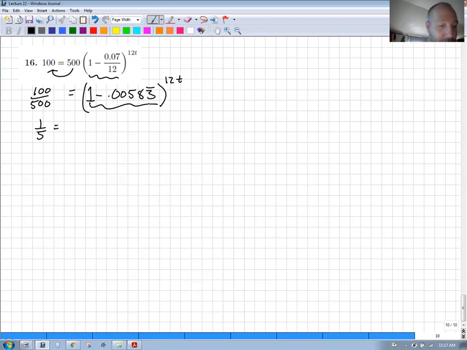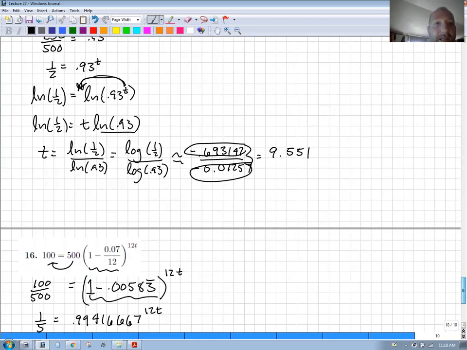And now I'm gonna put these numbers together. 1 minus 0.00583. So this is 0.99416667 to the 12t. Okay, so at this point, I turn this basically into the same thing we had right here.